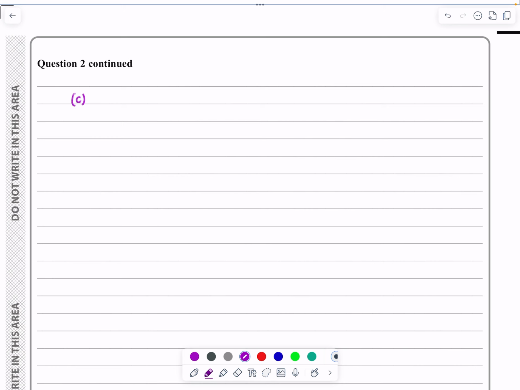Part C then, so g(x) was equal to x² + 5. f(a) would be equal to just putting a into the previous function, (a + 3)/(a - 4). So gf(a) is going to be putting that in.